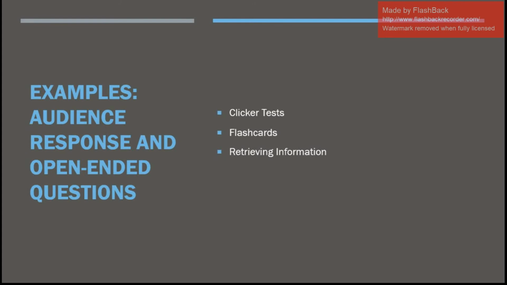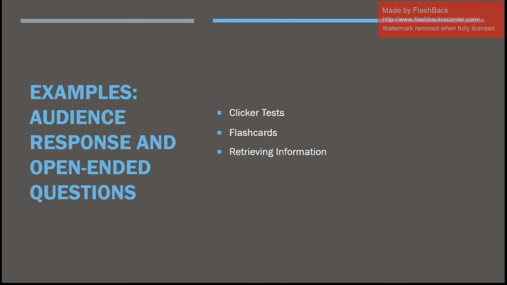The next thing that the article looked at was a comparison between the clicker tests, which are relatively new-ish, and compared it to the use of flashcards. And the findings from that one were that clicker tests and flashcards scored about the same, which led to the conclusion that it's really the retrieving of information that plays a big role in student improvement and not so much the method of recall.